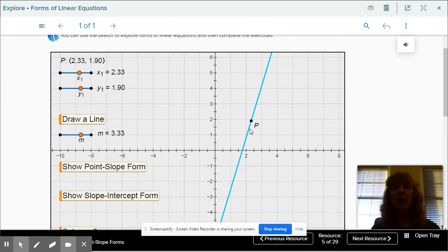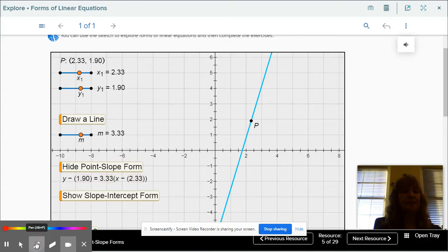Notice this looks a whole lot like what we've been looking at with graphs. So in point slope form, you just put it into the equation. Y minus y1, which is your 1.90. Here's your y. Here's your x. Make sure you label it. And then it equals, here's your slope, here's your m.